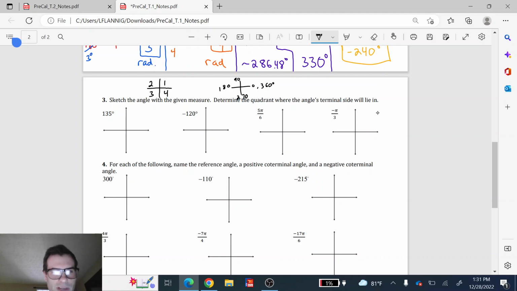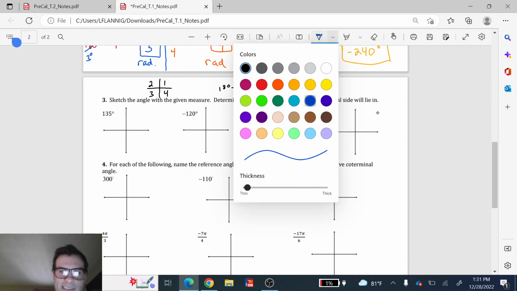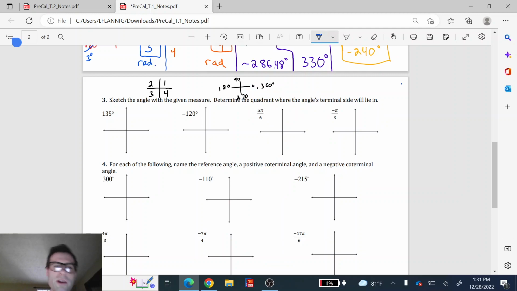So if we look at 135, we know that's somewhere between 90 and 180. We don't know for sure exactly where to graph it. We're not masterminds or computers, so it's somewhere between 90 and 180. So that's the angle that you're given. And we want to find where the terminal angle would be.